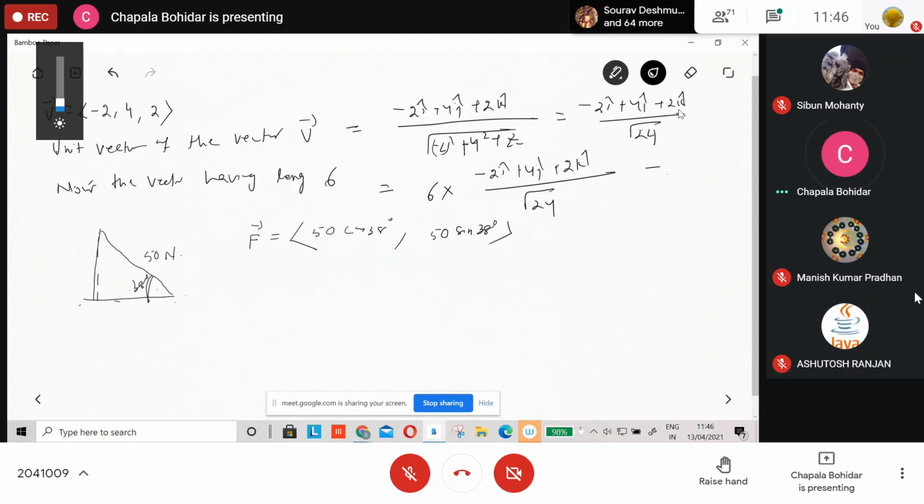Okay. The question is lengthy, but the answer is very small. If you draw your figure, then you can easily find these values. The absolute value of F is given as 50.